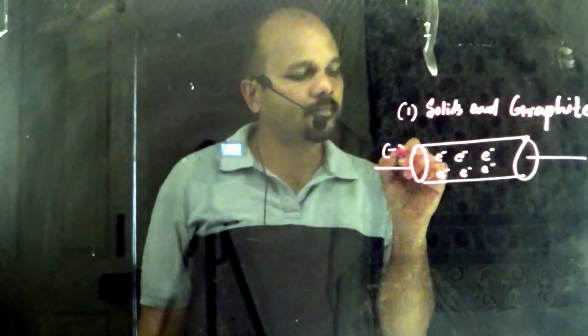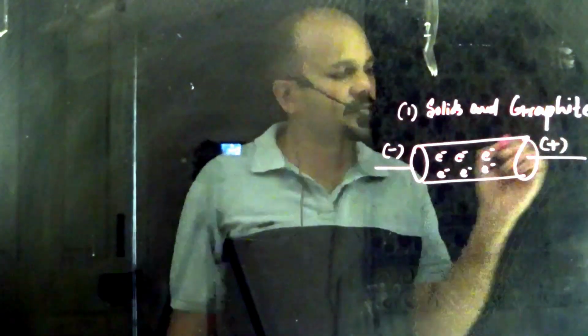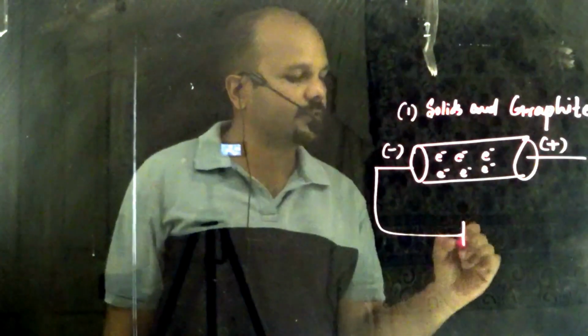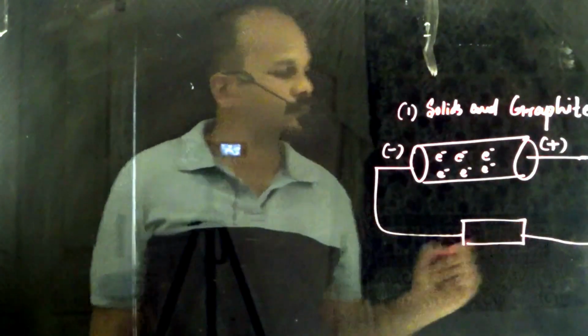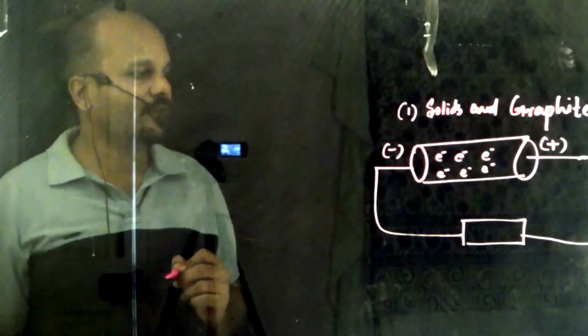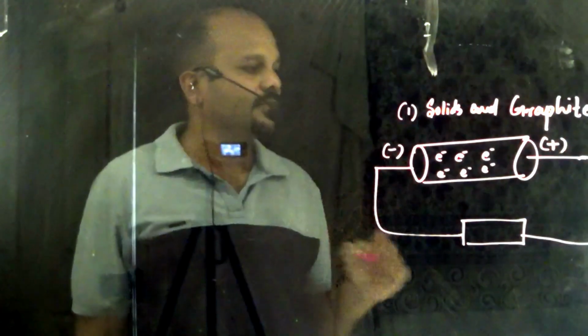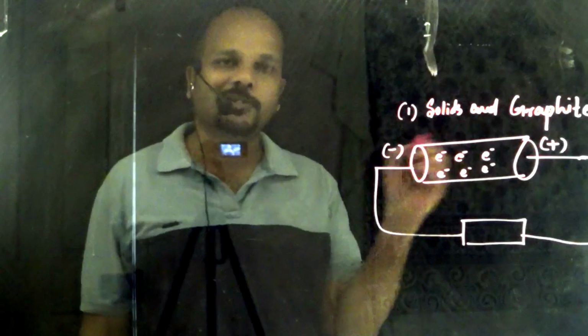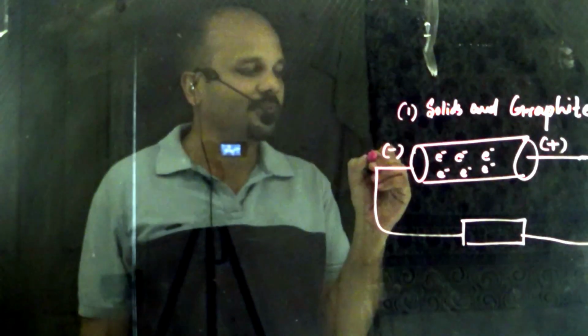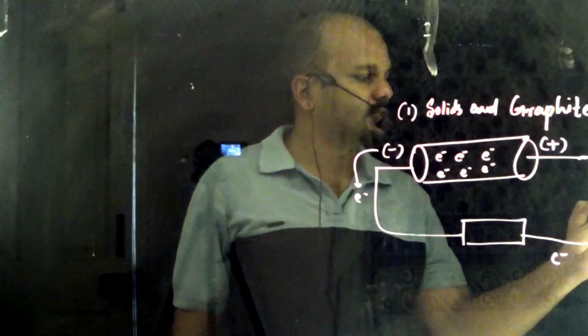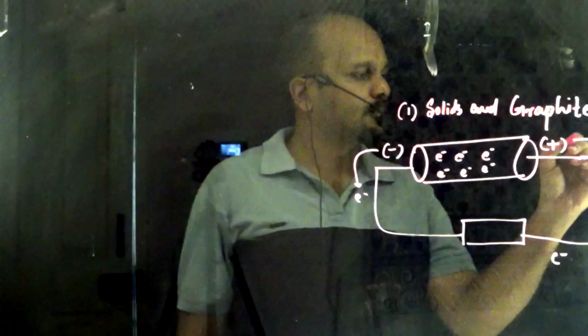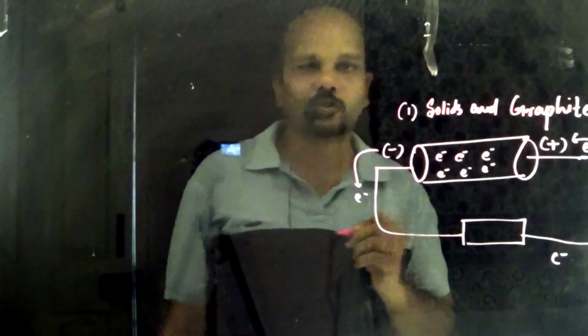This is the negative and positive terminal, and this is a battery. When a battery is connected to the metal, the electrons flow from the negative terminal to the positive terminal.